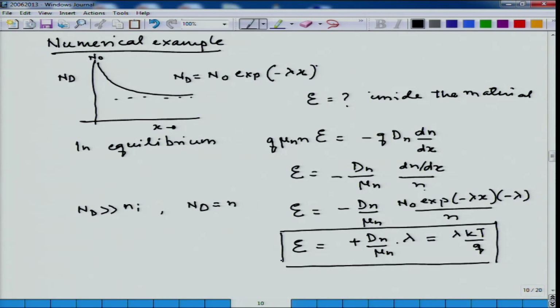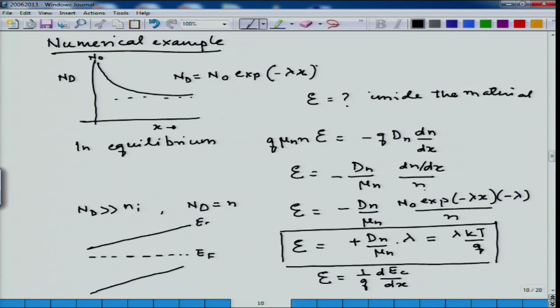And so, if I plot the electric field inside the semiconductor, in equilibrium the band structure will be Fermi level being constant, and since electric field is given by 1 over q times the band bending, which is constant, this means that the bands are straight in this structure, Ec and Ev, and this is leading to an electric field E, which is constant.